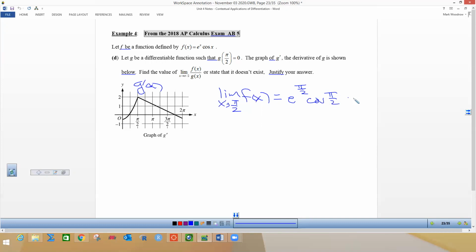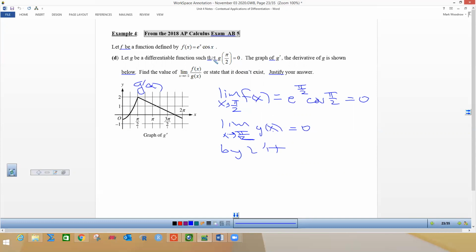And cosine of pi over 2 is 0, so that's 0. And the limit as x approaches pi over 2 of g of x, you plug pi over 2 in here, well, it tells you that is 0. So then we say by L'Hopital.